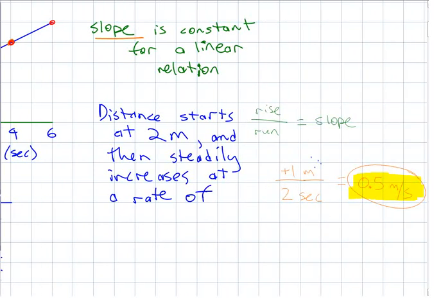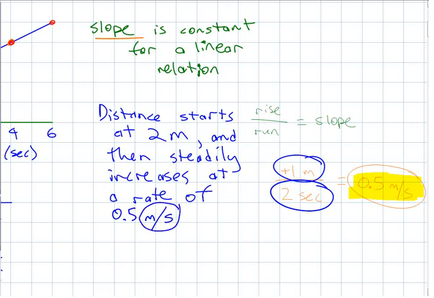We had it goes 1 meter for every 2 seconds. 1 meter in 2 seconds, 0.5 meters per second. I'm going to put down here that it increases at a rate of 0.5 meters per second. Okay? When you have units that are something per something, they're a rate, they're a slope of something.